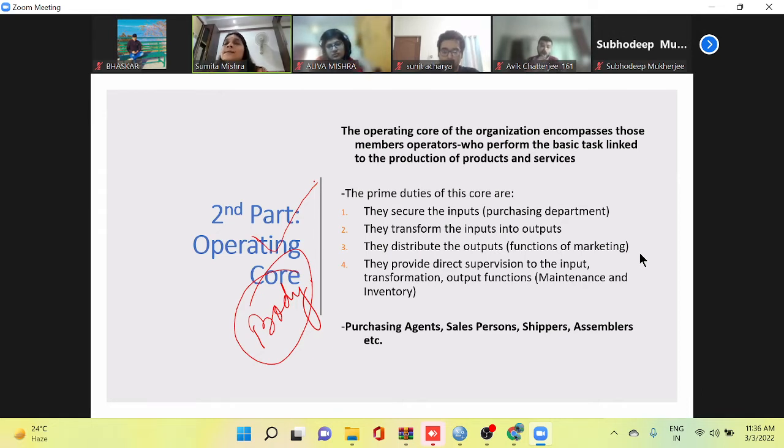Now, to give you an example from KIT, because we are all members of the university. So, for example, if I look at the 5,000 plus faculty members who are providing the day-to-day activities of the organization of teaching, learning, research, academic administration, उनको आप कहाँ रखोगे? People like me, where will you place me?